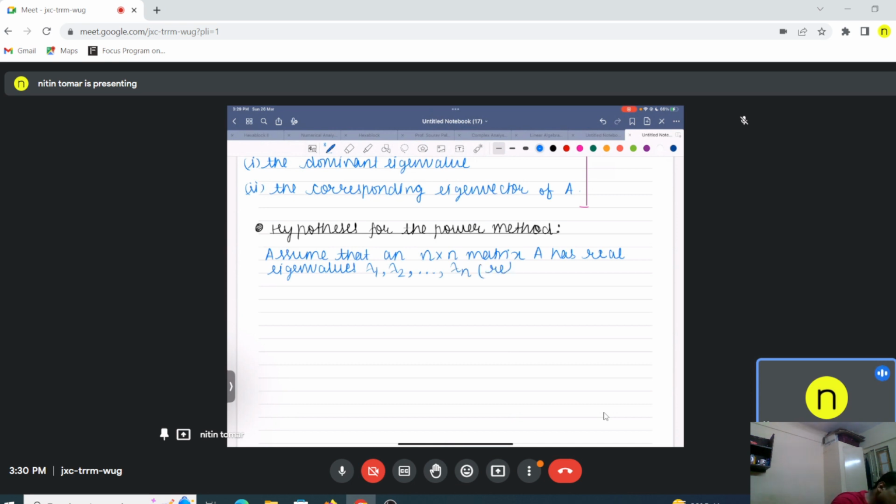Now these are repeated up to their algebraic multiplicity, as per their algebraic multiplicities, such that the following holds.